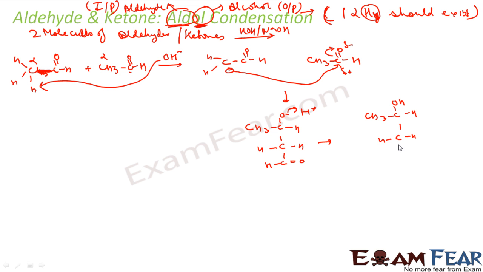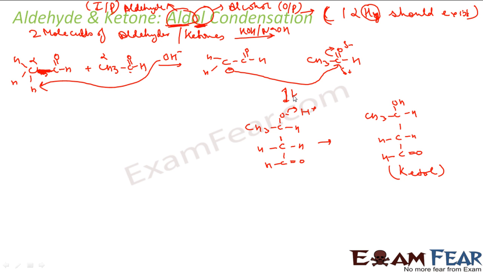So if you see, what you get is alcohol, correct? And we call this ketone. So there is alcohol, and we call this ketone. And this is an equilibrium reaction actually. If you see, the whole reaction is an equilibrium reaction.